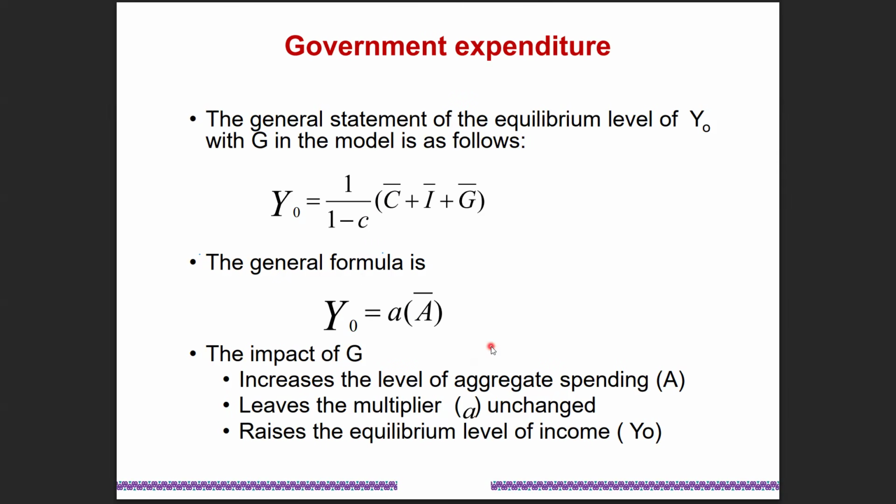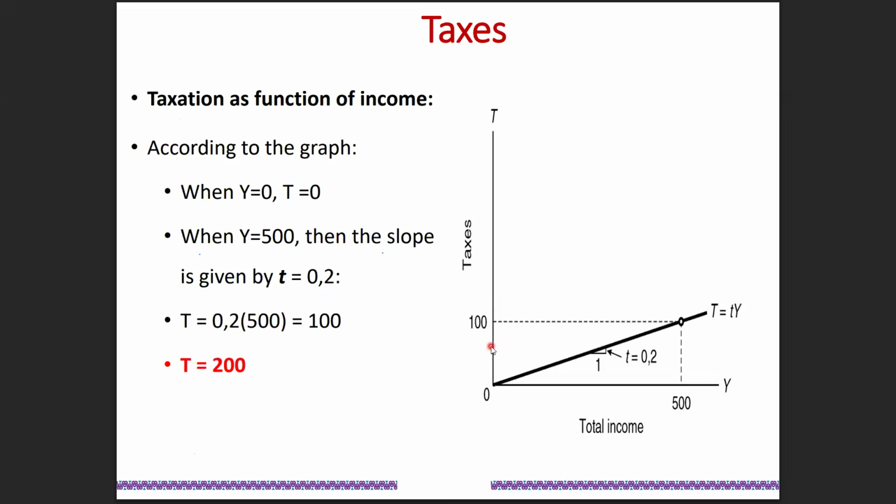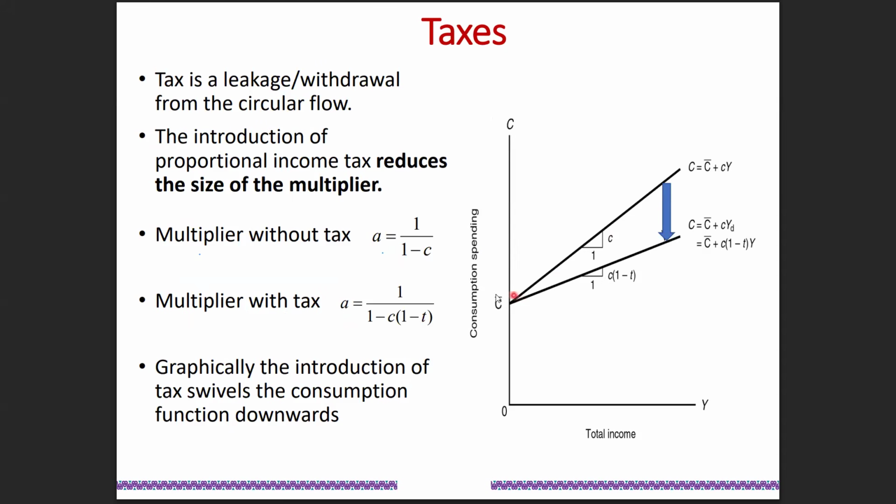However, we know that if we're adding the government, we're also going to add taxation, right? So when we introduce the government, and then we also introduce taxation, taxation will then cause the multiplier to do what? To change. That is why the multiplier now becomes 1 over 1 minus C times 1 minus T. Because now we've introduced taxation, which does what? It reduces the size of the multiplier.